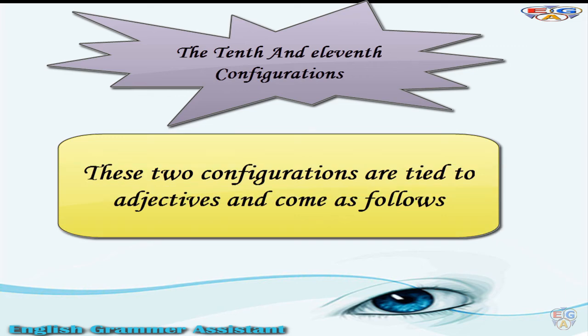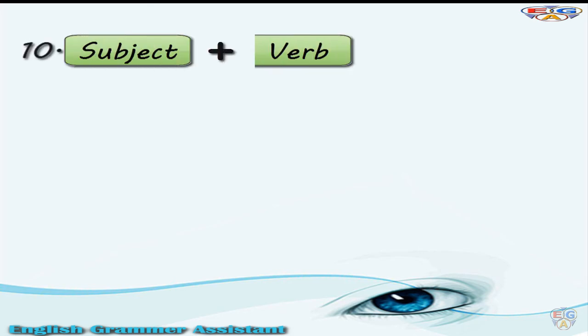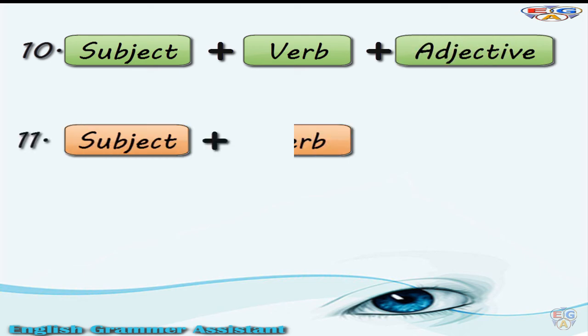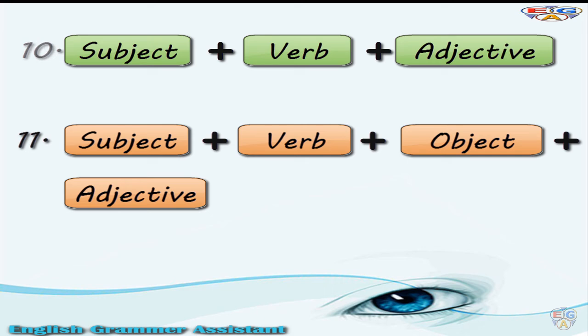The 10th and 11th configurations. These two configurations are tied to adjectives and come as follows. The 10th configuration: subject, plus verb, plus adjective. The 11th configuration: subject, plus verb, plus object, plus adjective.